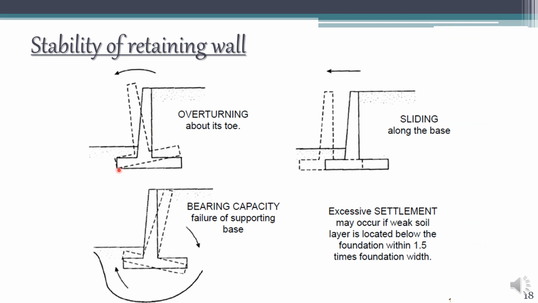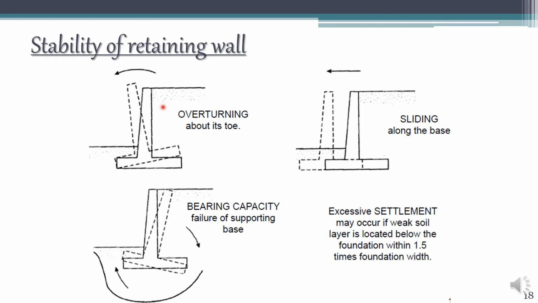From the previous slide, you can see that there is a net overturning moment caused by the lateral earth pressure, and to balance that, there is a resisting moment created by the weight of the cantilever and the weight of the soil. When the overturning moment is greater than the resisting moment, the structure overturns.